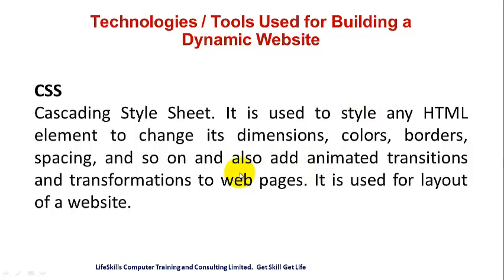Now, the structure of the site is given by HTML, but the styling of the site, that is, giving it dimension, how wide is your website, the color, typography, the border, the spacing, the size or the font size, and every other thing, the animation you are going to add, the background color, and so on and so forth. They are done using CSS.